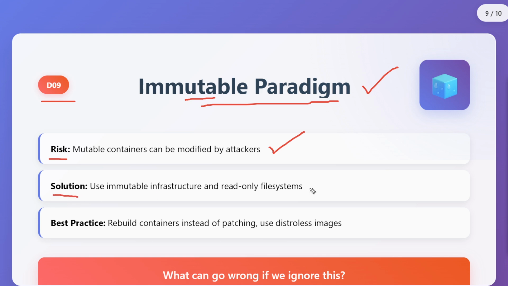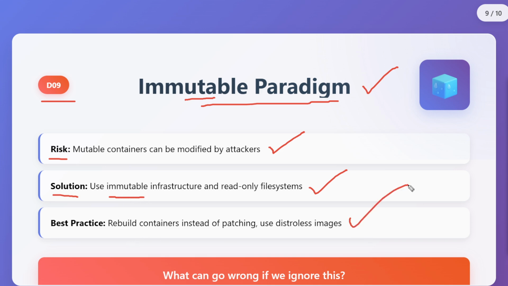The solution is that we need to use immutable infrastructure and a read-only file system. We need to design containers to be unchangeable after deployment, use read-only file systems, and avoid runtime modifications. This limits the attacker's ability to alter the behavior at runtime, so immutability is maintained.